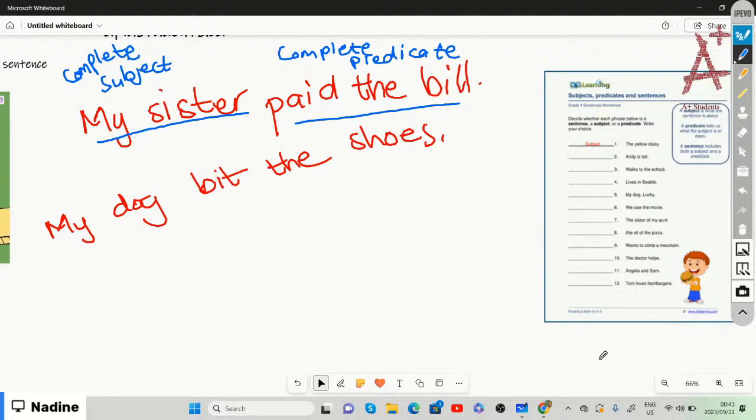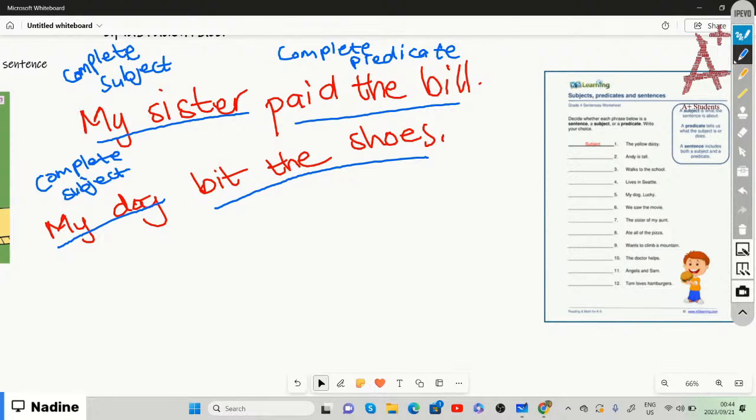All right, so if we select the complete subject, right, then it is my dog. Because if this was just a simple subject, then it would have just been dog. But this is a complete subject, not a simple subject. And then a complete predicate, right, would be bit or bites the shoes.